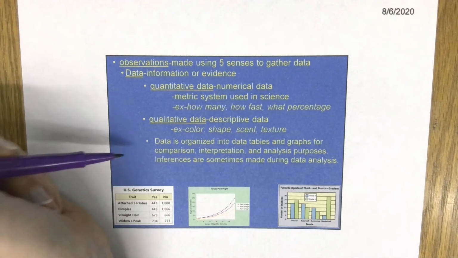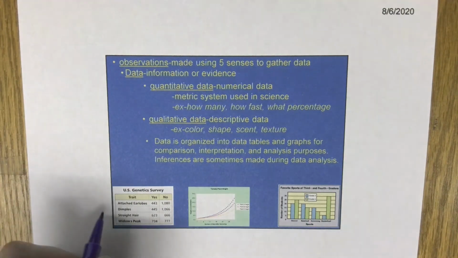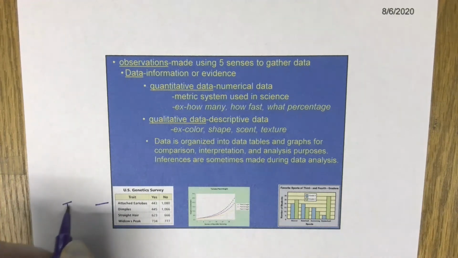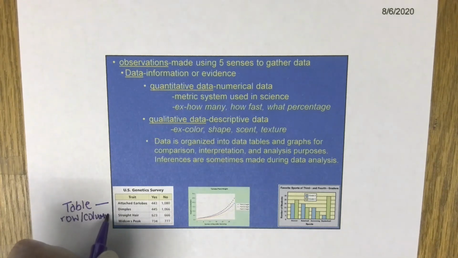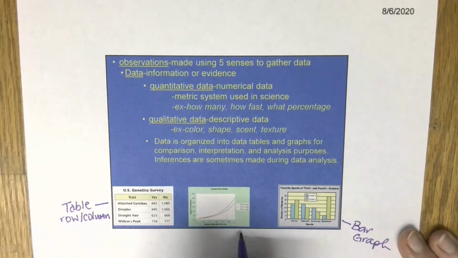All right, and so then data is organized into tables and graphs. Okay, so this is a table with rows and columns. Okay, this is a bar graph. And this is a line graph.